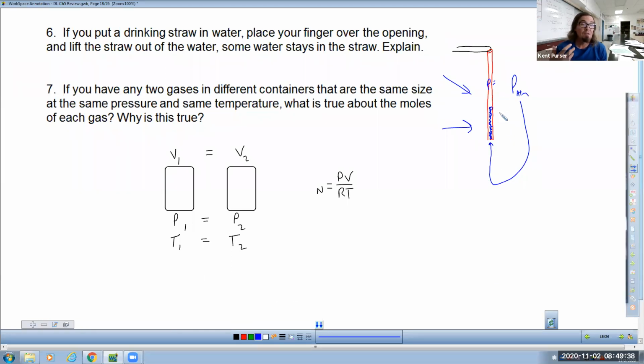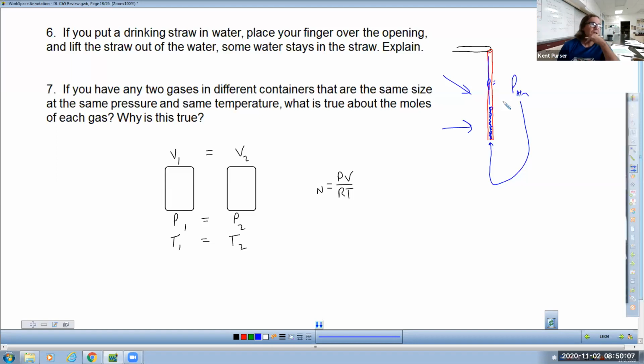Now, if it were to try to fall out of there, it's going to make this area of straw bigger. That's a bigger volume. If the volume increases, the pressure decreases. You create a partial vacuum above your liquid water in the straw or liquid soda, whatever's in the straw. It can't do that, so it stays in there so that the pressures inside and out stay constant. Good times.